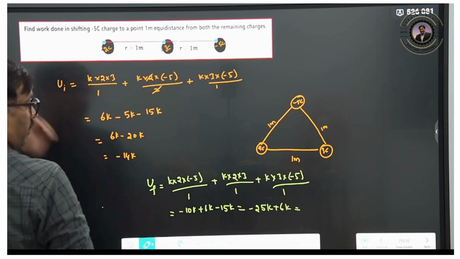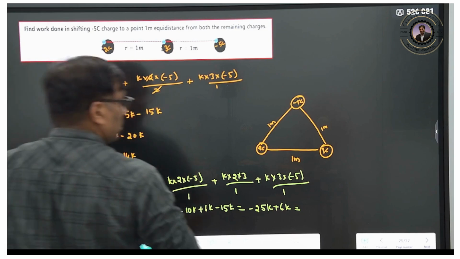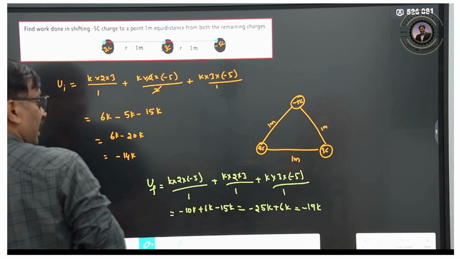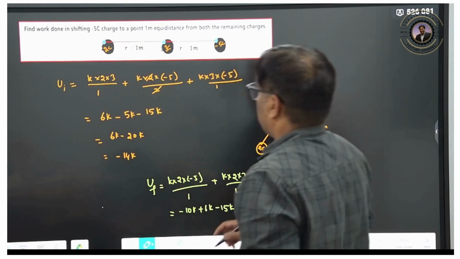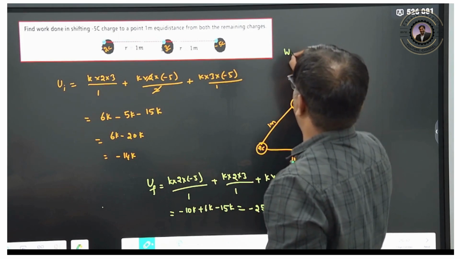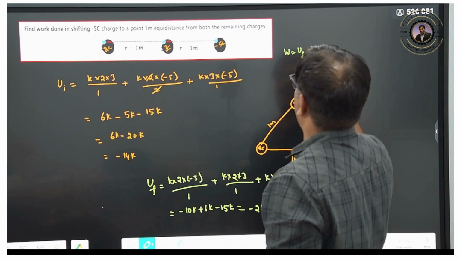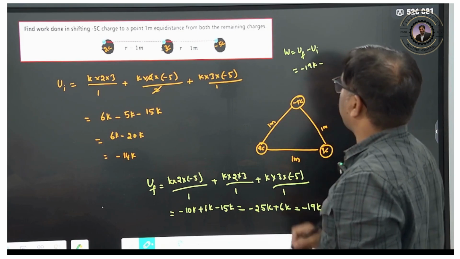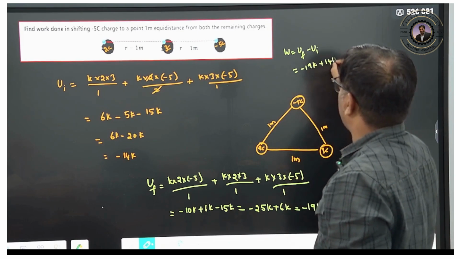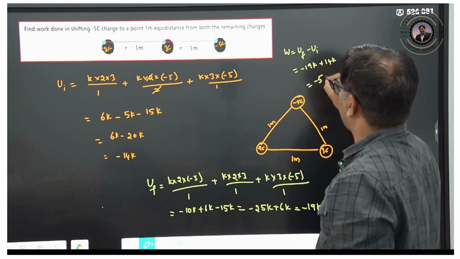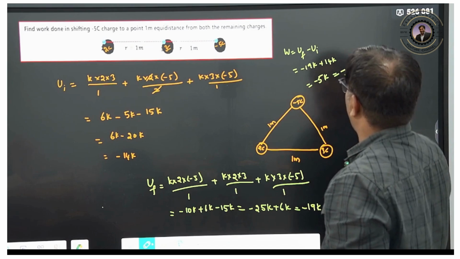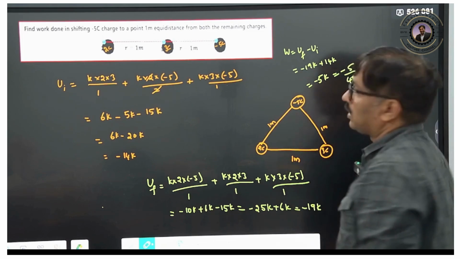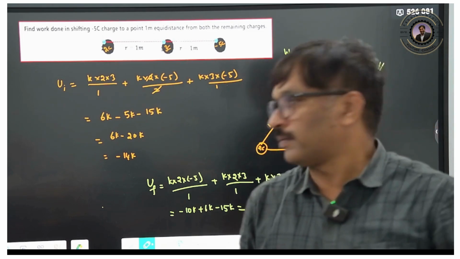So how much will it be now? Here it will be minus 19k. Clear? Minus 19k. Therefore work done is equal to the change in potential energy, final minus initial. Final is minus 19k minus, or rather plus 14k. How much will it be now? Minus 5k. That means minus 5 by 4 pi epsilon naught into 1. Therefore this many joules of work is done to shift this charge. Clear? Right?